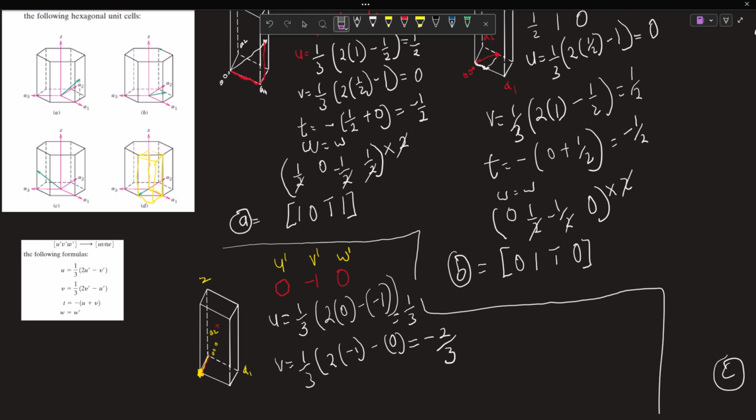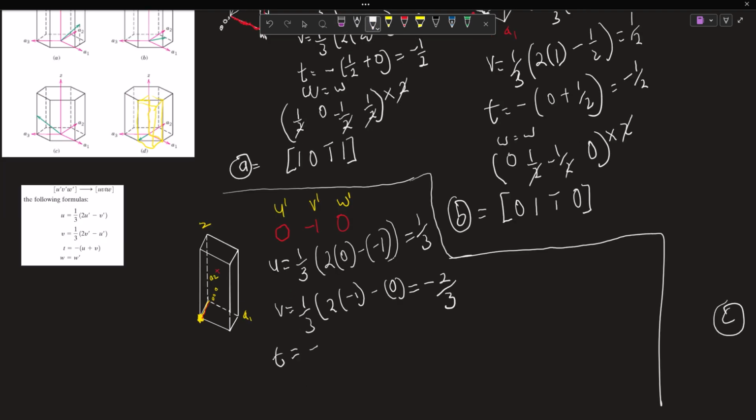Okay, let me do this so we have enough space. T is equal to the negative of our U that we just solved, 1/3, plus our V that we just solved, 2/3, which is going to give us a positive 1/3.